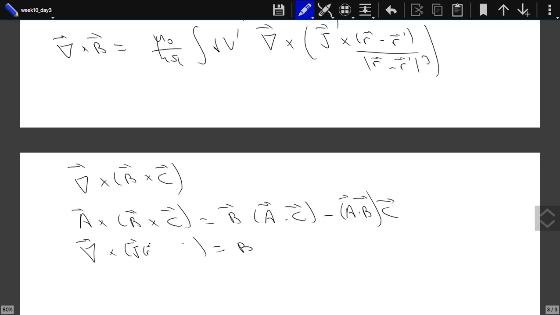J of R prime cross R minus R prime over the same thing, magnitude cube.